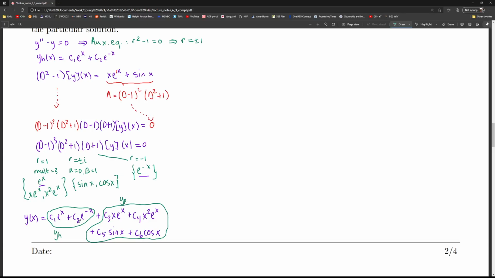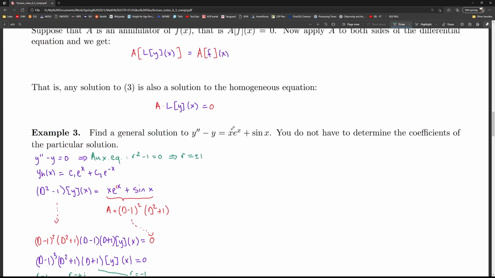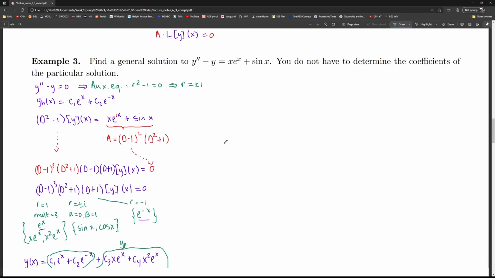Now c1 and c2 would follow from initial conditions, and c3, c4, c5, c6 would need to be solved by plugging in this part, the particular solution, into our differential equation, y double prime minus y equals x times e to the power x plus sine x.